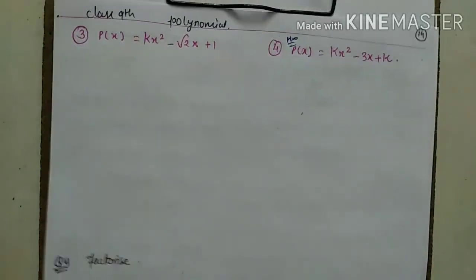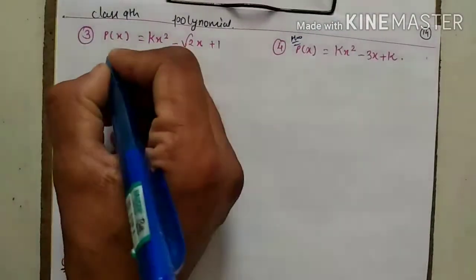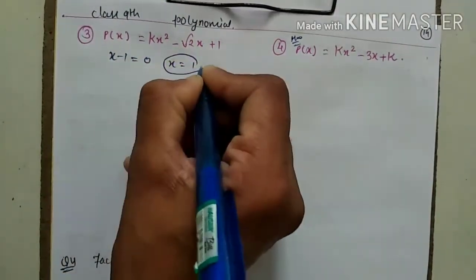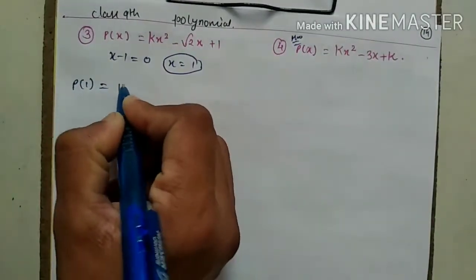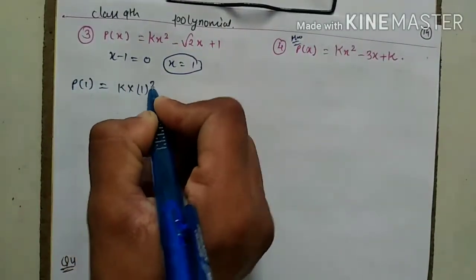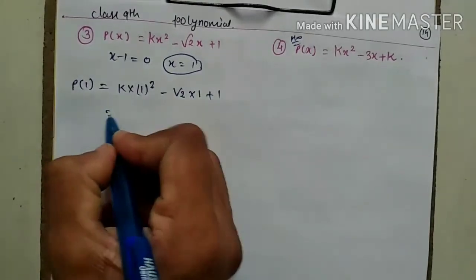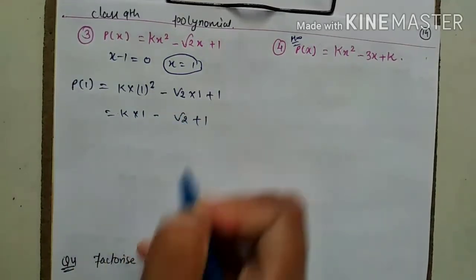What do I have to put? Just go back to the question: x minus 1. So I am putting x minus 1 equals 0. So x equals 1. This 1 I have to put in this equation in the place of x. So k into 1 square minus root 2 into 1 plus 1. So k into 1 minus root 2 plus 1.